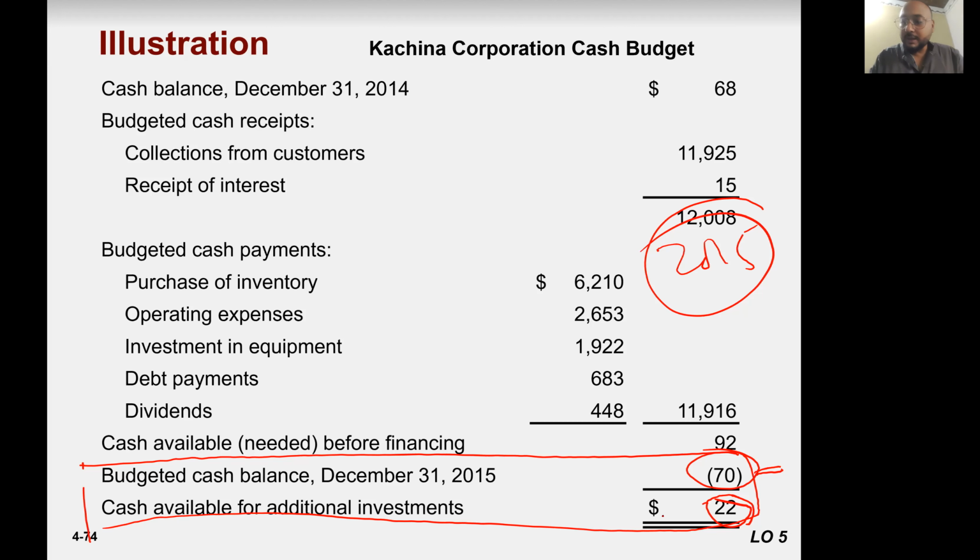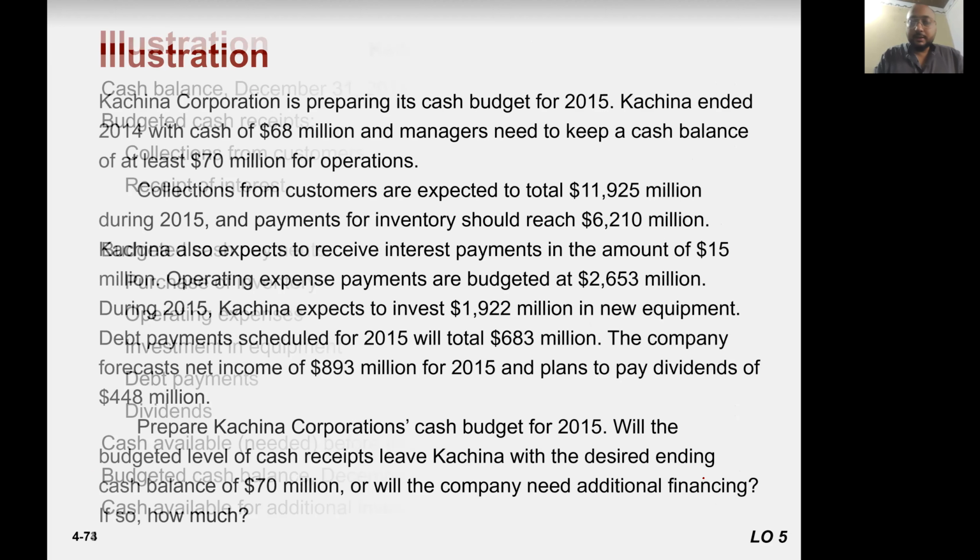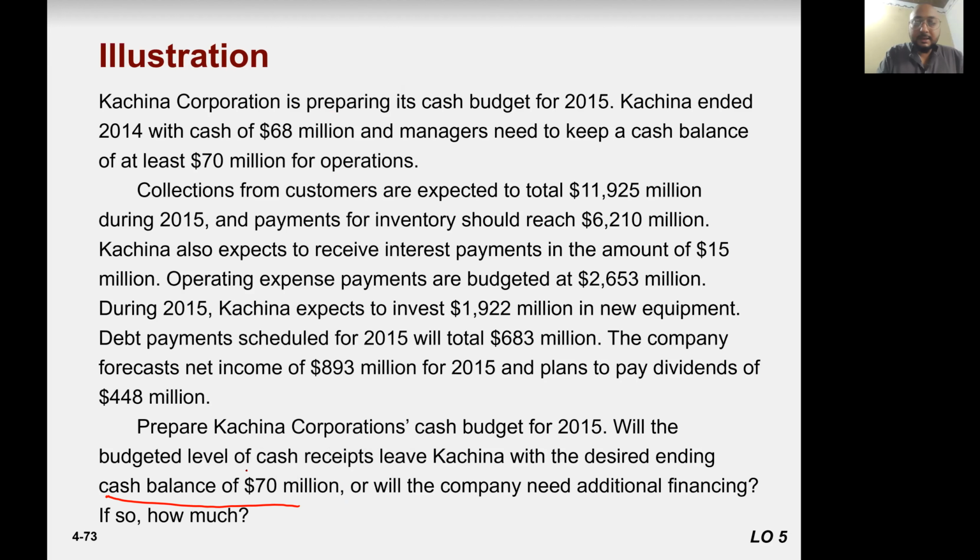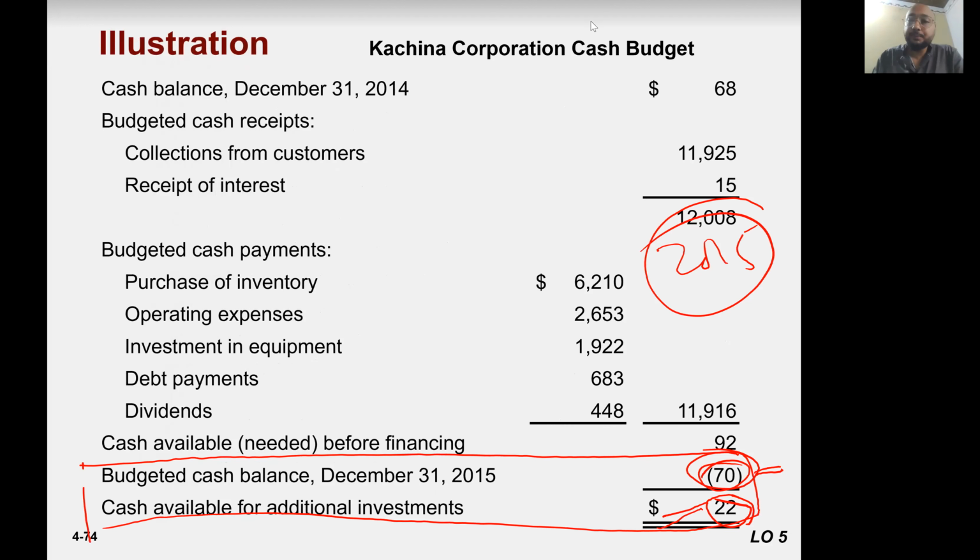You can only play with this extra cash of 22 million. Why? Because this 70 million, you said you must maintain. The company desired that you must have 70 million at the end of 2015. That's it. Any question, Oliver?